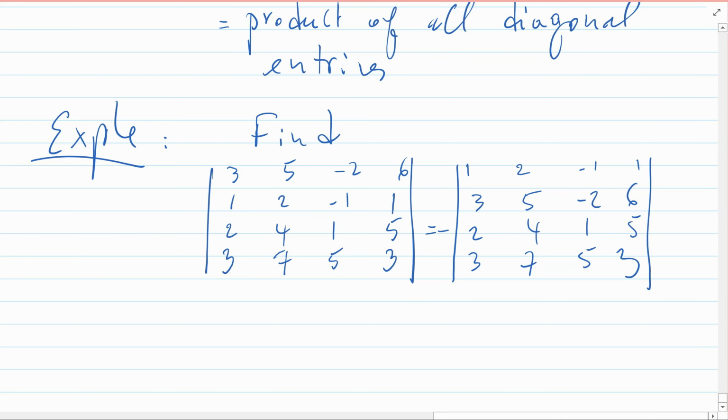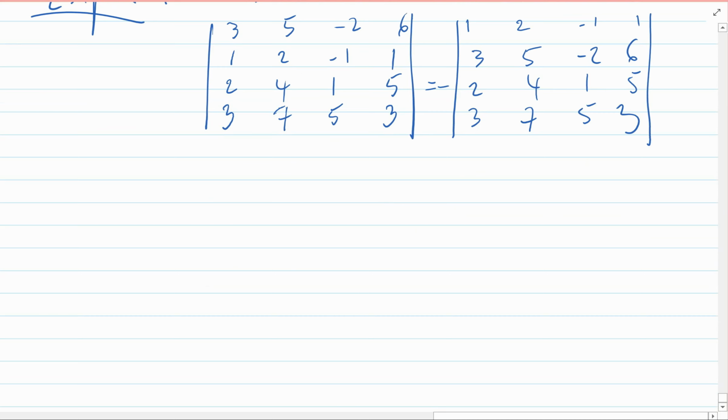So now let us go by removing the 3 and the 2 and the 3. So we have 1, 2, minus 1, 1, 3 minus 3, 0, 5 minus 6, minus 1, minus 2 plus 3, 1, 6 minus 3, 3. And now let us remove the 2.